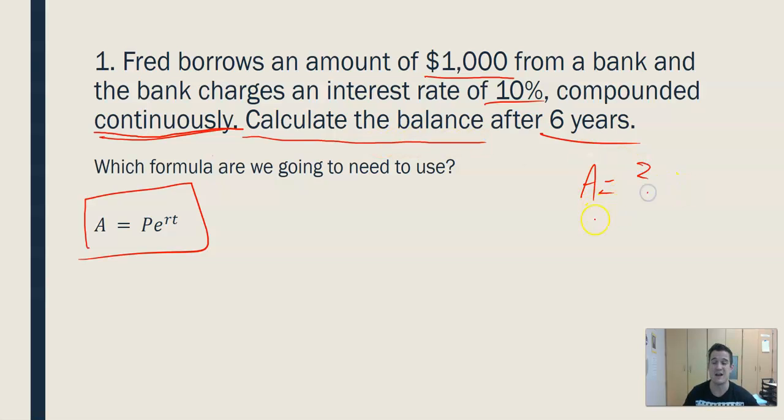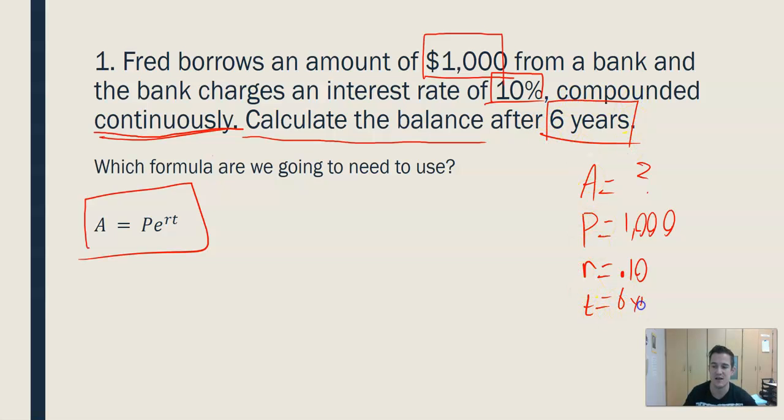That's what I'm needing to find. What is my principal or my original amount? Well, $1,000 is how much we're starting with here. What is R? What is my interest rate? My interest rate is 10%, or 0.10 if I write that as a decimal. And then finally, T, what is my time? I'm going to leave that there for 6 years.